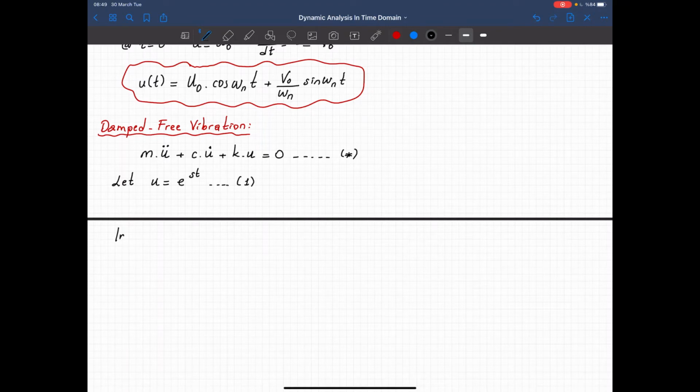So inserting 1 into equation star gives me the following: e to the power st in parentheses m times s squared plus c times s plus k is equal to 0. That's the characteristic equation again.